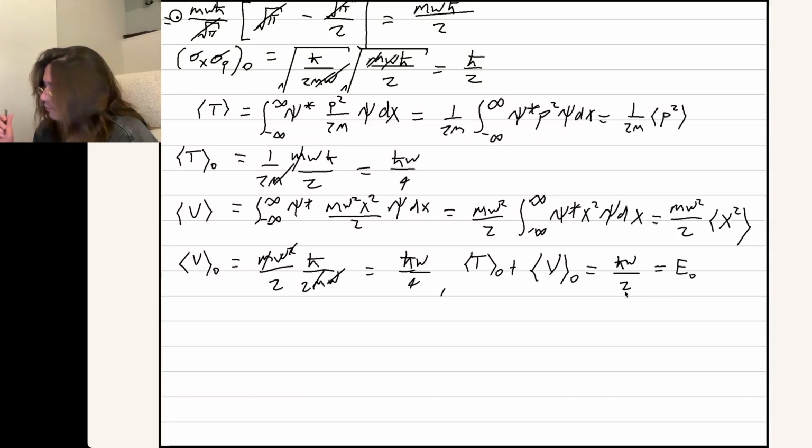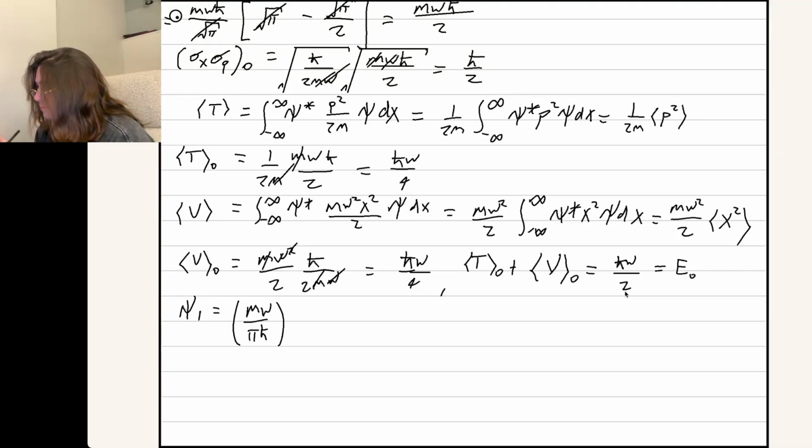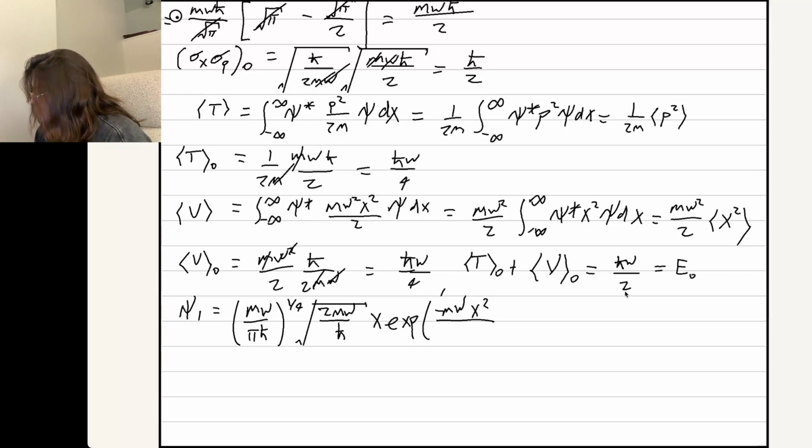Back to work, though, we had to do all of that again for the first excited state. We have that the first excited state is m omega over pi h bar to the 1/4 times square root of 2m omega over h bar x times the ever so awesome exponent term.